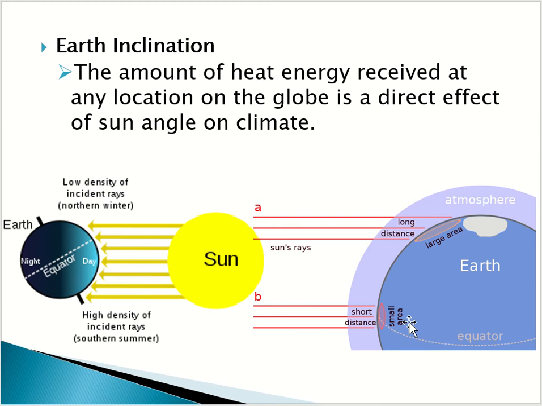Are these rays interacting head on, almost perpendicular to the surface of the Earth at a location? Or are they more oblique, hitting it at a longer angle, in which the same amount of radiation is interacting with a larger area?